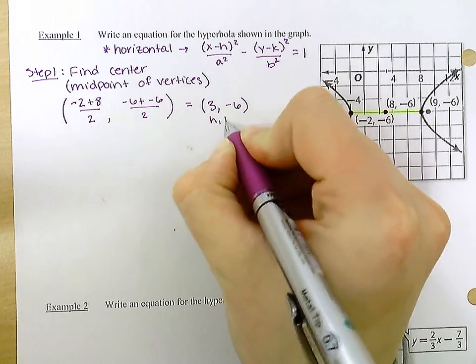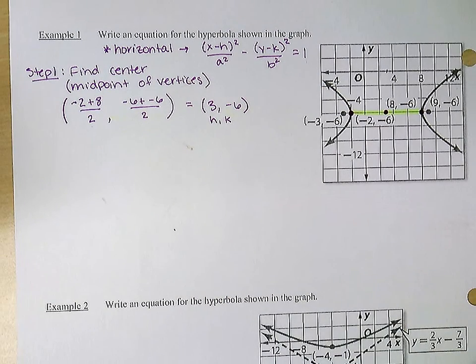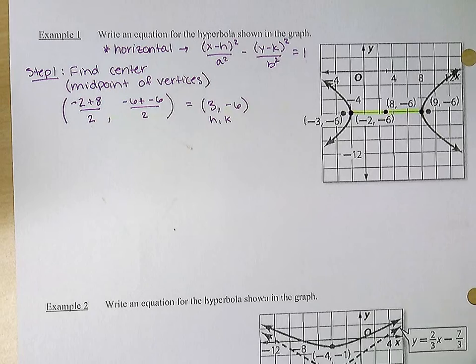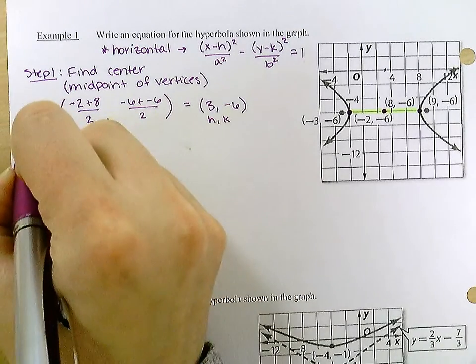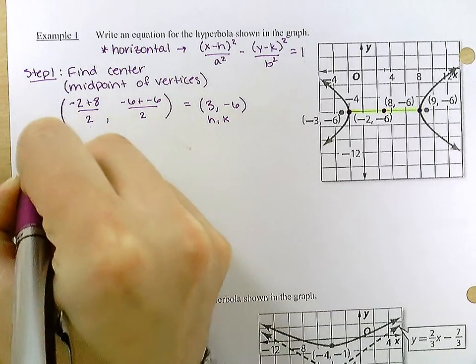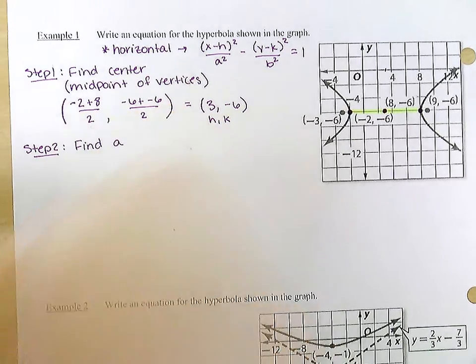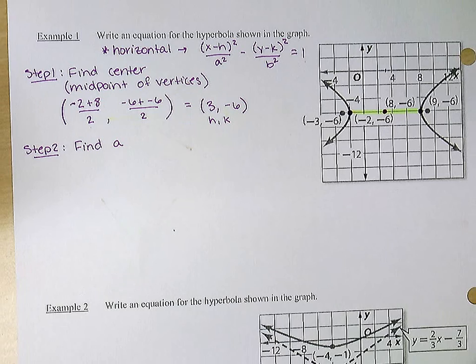Now our center is at h, k. So we now have h and k, but I still need to find what a and b are. Okay, so step 2 is to find a, because I can see I have that transverse axis drawn in.